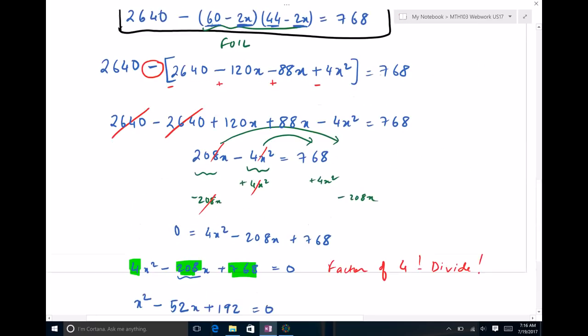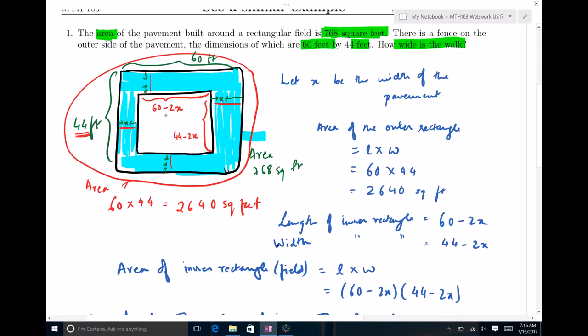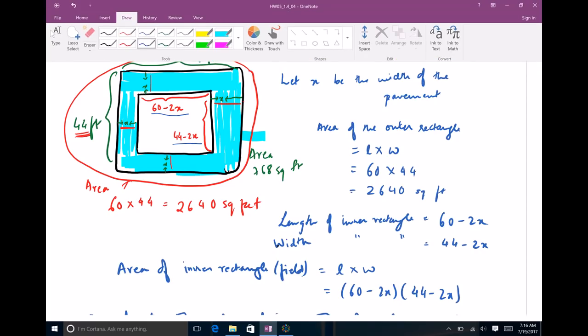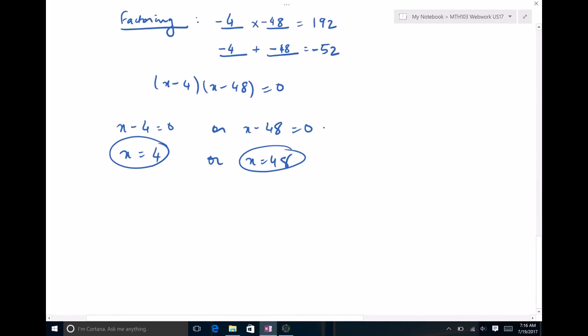But let's go back to the picture and see that the inner dimensions for the field were 60 minus 2x and 44 minus 2x. And what you'll see is that if x were 48, then the length of the field will be 60 minus twice 48. That's 60 minus 96, which will be negative 36.